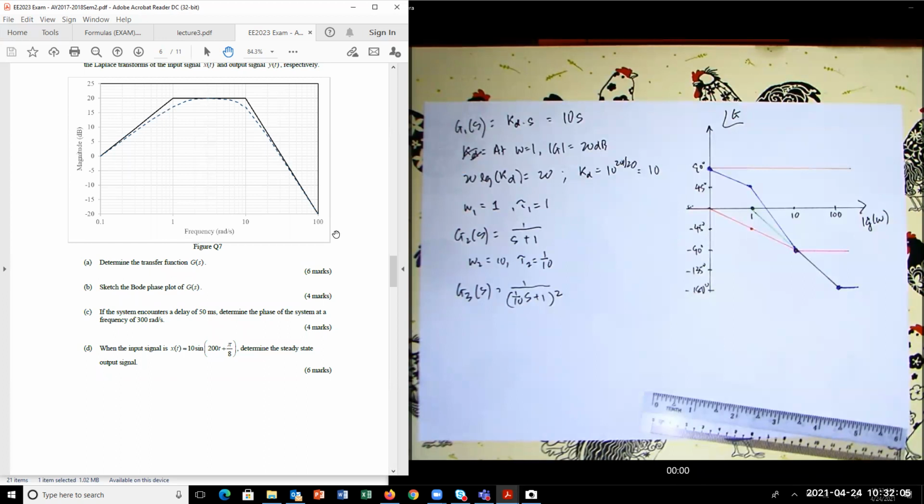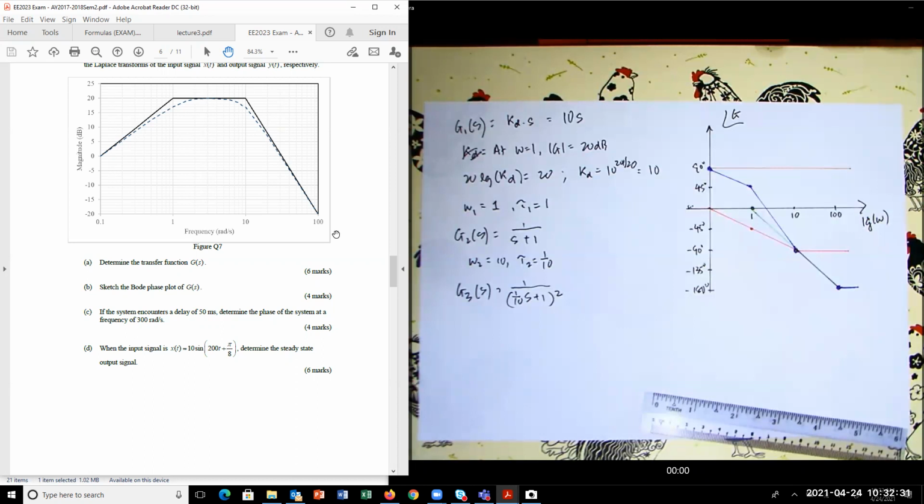For G3, the graph of the phase, I still have some confusion, because here is 90 degrees for a first order pole, and here, a repeated pole should be 180. So how does this work? Okay, so if you have a pole like G2, at the corner frequency, which is 1, it is minus 45.